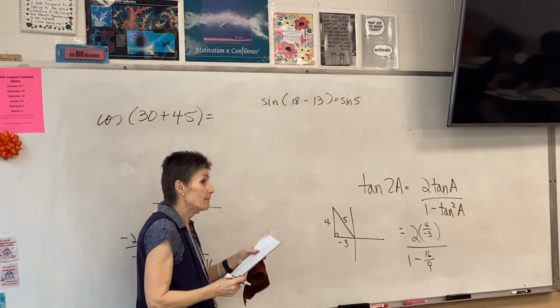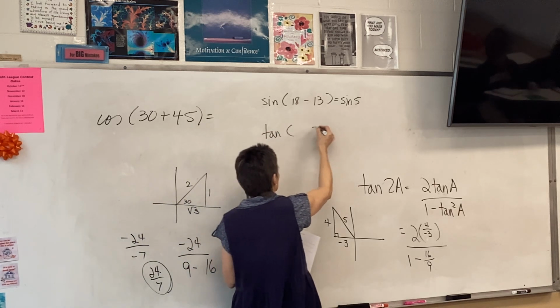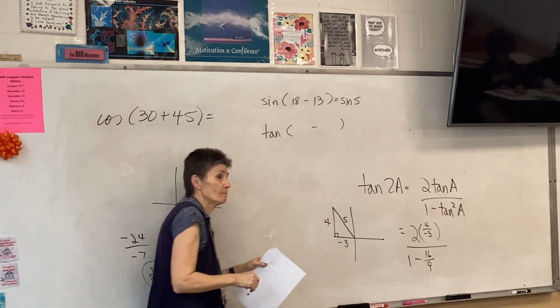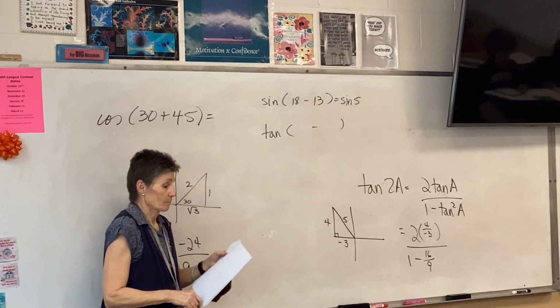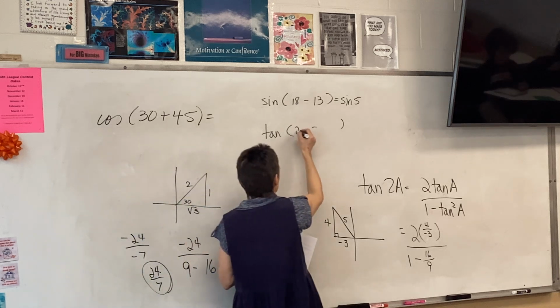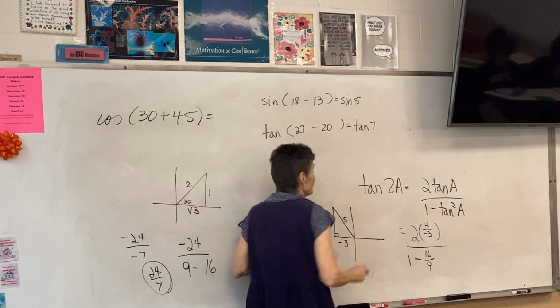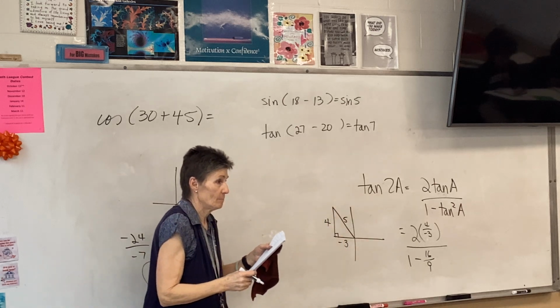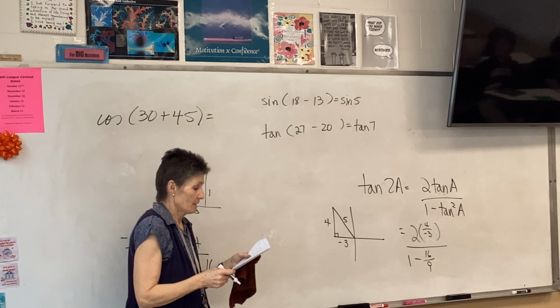How about B? Tan 7. B is the tangent of an angle minus an angle. And that's 27 minus 20, so that's the tan of 7. And finally C. Cos 86.